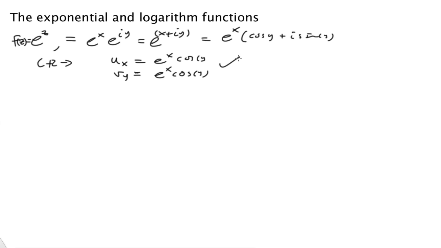All right, so those two check out to be equal to each other. And then also we have u_y is equal to negative sine y e to the x, and v_x is just going to be equal to e to the x sine y. But if we take a negative of that, of course, these two then check out as well.